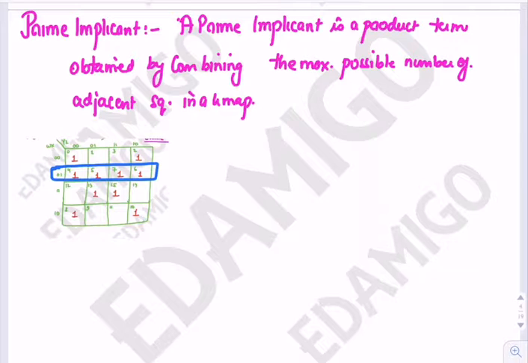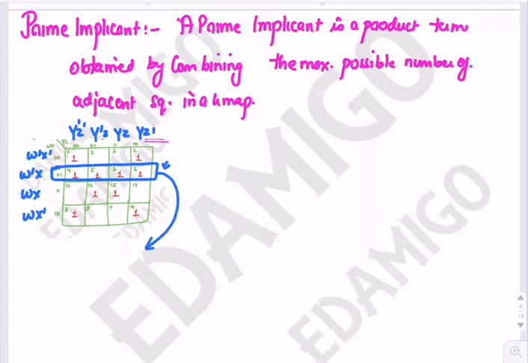Here we have w bar x bar, w bar x, wx and w x bar. Here we have y bar z bar, y bar z, yz and yz bar. These are the maximum possible number of adjacent squares we can combine. So we will get a term equal to w bar x. So this is one prime implicant of the K-map.